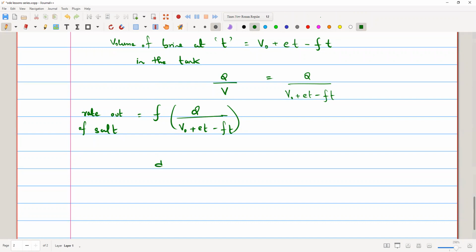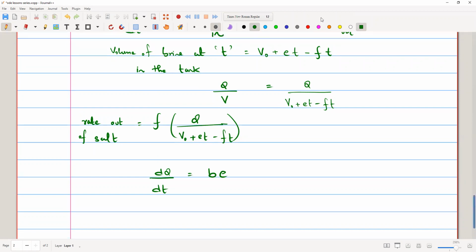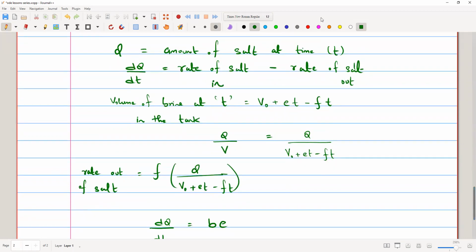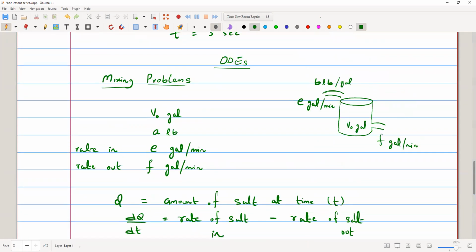So now the expression dQ/dt can be written as the rate in, that is B times E, where E is the rate of brine solution coming in and B is the concentration of the salt carried in this solution that is coming in.